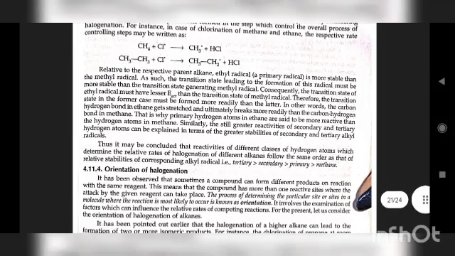Relative to the respective parent alkanes, the ethyl radical, a primary radical, is more stable than the methyl radical. As such, the transition state leading to the formation of this radical must be more stable than the transition state generating the methyl radical. Consequently, the transition state of the ethyl radical must have lesser activation energy than the transition state of the methyl radical.